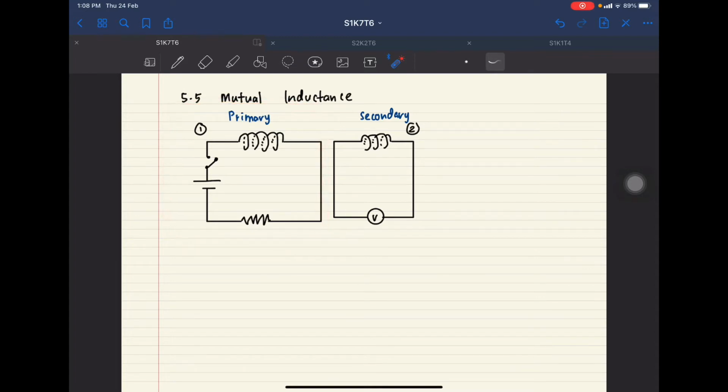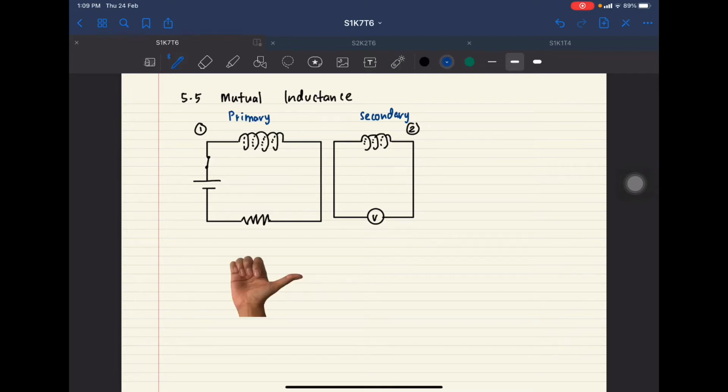If I close this circuit, let's say this is a complete circuit, then you can expect that this solenoid in the primary circuit will produce a magnetic field. To find the direction, you have to use the right hand grip rule.